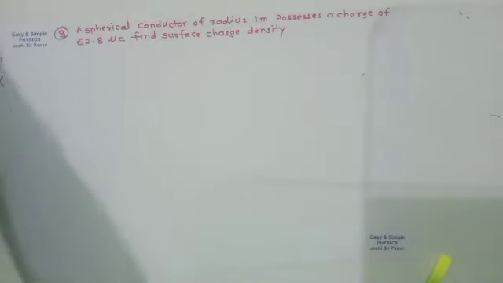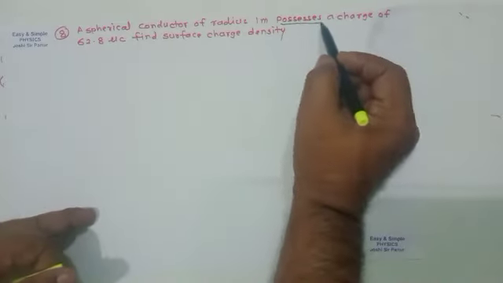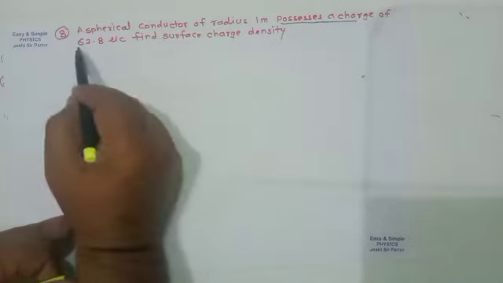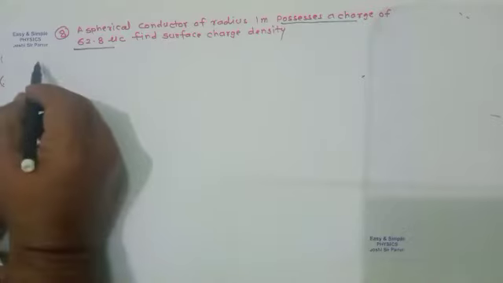Again, here a spherical conductor of radius 1 meter possesses a charge of 62.8 microcoulomb. Find the charge density. See here, the data is given.